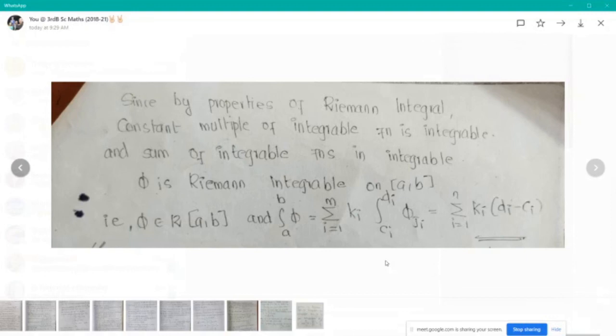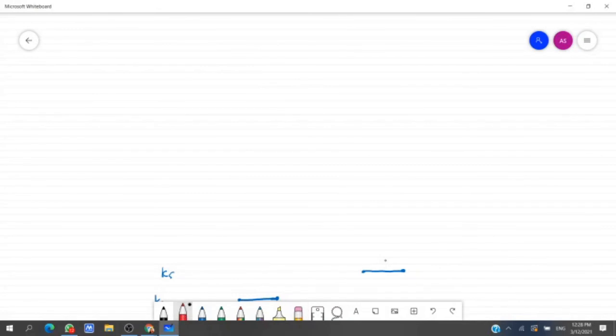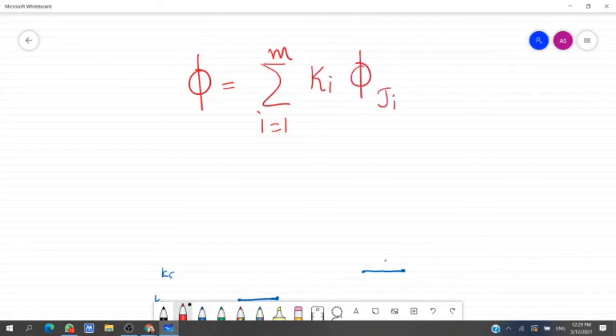And the integral of phi over [a, b]: we wrote phi as the sum from i equal to 1 to m of ki into chi Ji. Since each chi Ji is Riemann integrable, this sum is Riemann integrable.